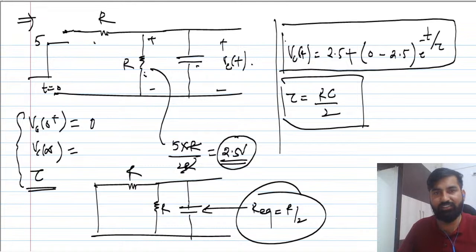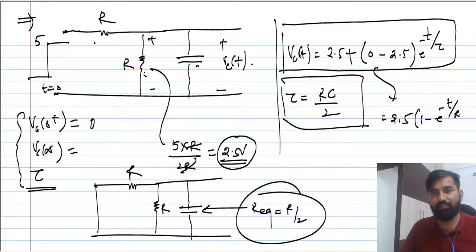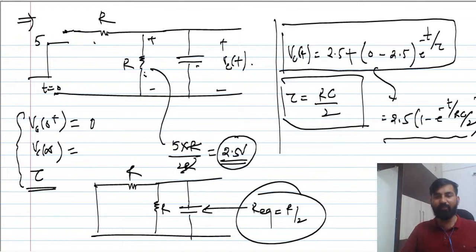You can differentiate this. Just write this as 2.5 times 1 minus e raised to power t by RC by 2, right? So what do you think, guys? What will be the initial rate, I am asking?